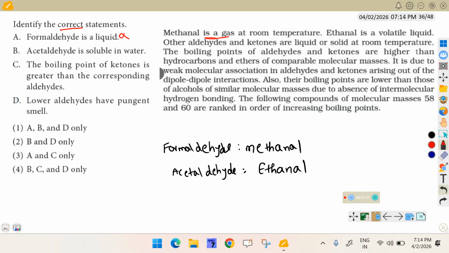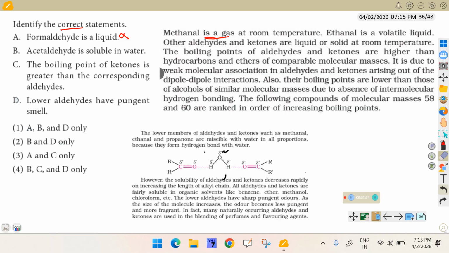Check it: is it soluble or not? Yes. Lower members of aldehydes and ketones are miscible with water. Correct. The boiling point of ketones is greater than the corresponding aldehydes. Correct. Lower aldehydes have pungent odor. This is also correct. Fourth option is the correct option.